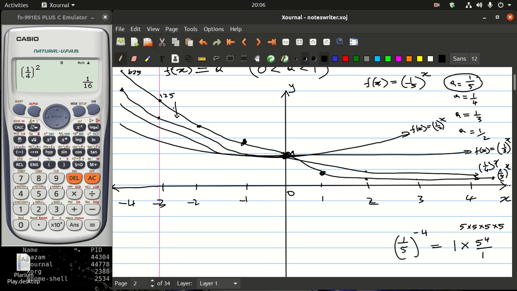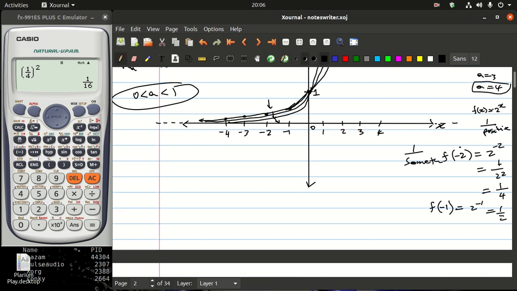So as this value of a keeps increasing but is still less than 1, this function keeps going down to approach the x-axis. But while this side, these functions keep going up because they want to approach the y-axis, just like in this particular case over here.